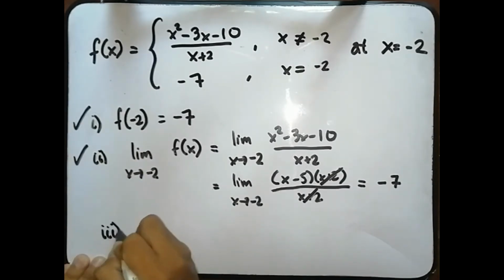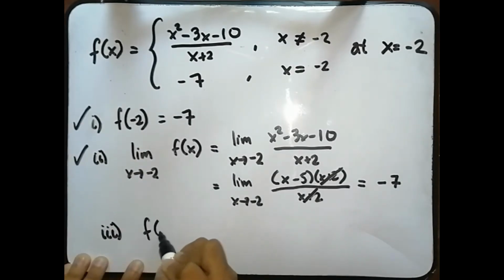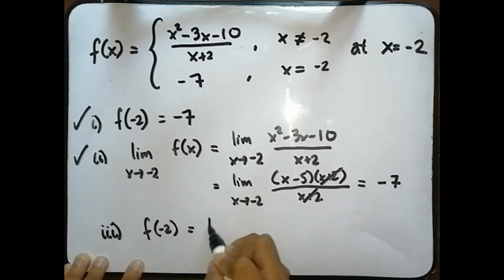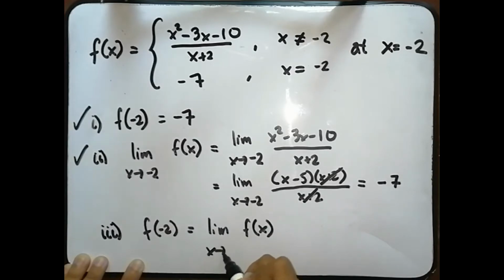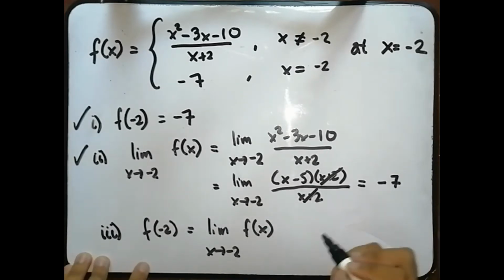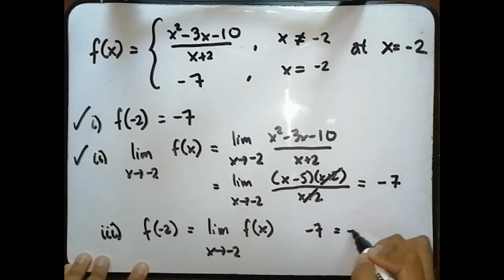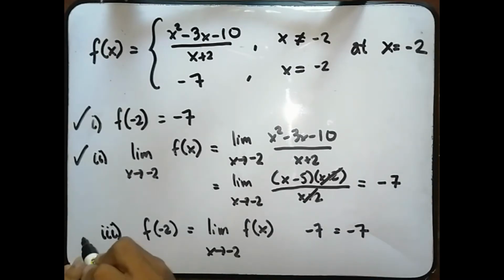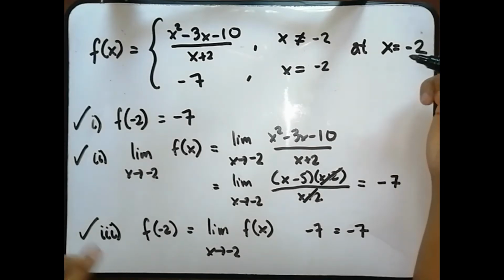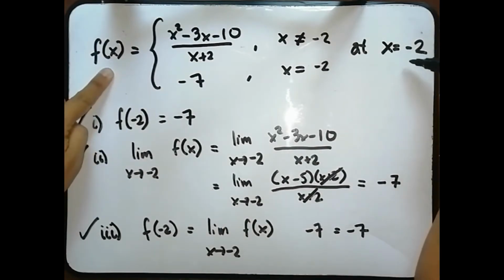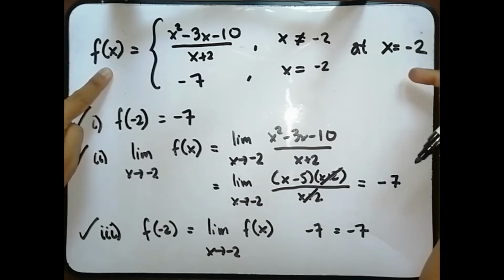And the last criterion, f of negative 2 must be equal to the limit of f of x as x approaches negative 2. So we have negative 7 equal to negative 7. So check. Therefore, ang ating conclusion ay f of x is continuous at x equals negative 2.